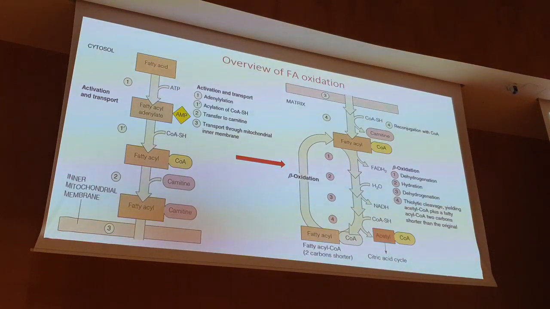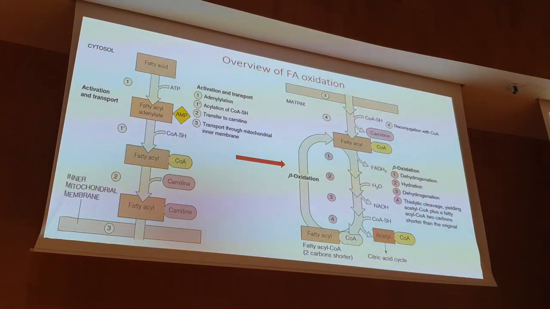And now I have the fatty acyl CoA again. Now remember, this is a long chain of carbons, all right? And if you remember how it was made, adding 2 carbons at a time. Remember that? When we start to break it down, we start to remove 2 carbons at a time.